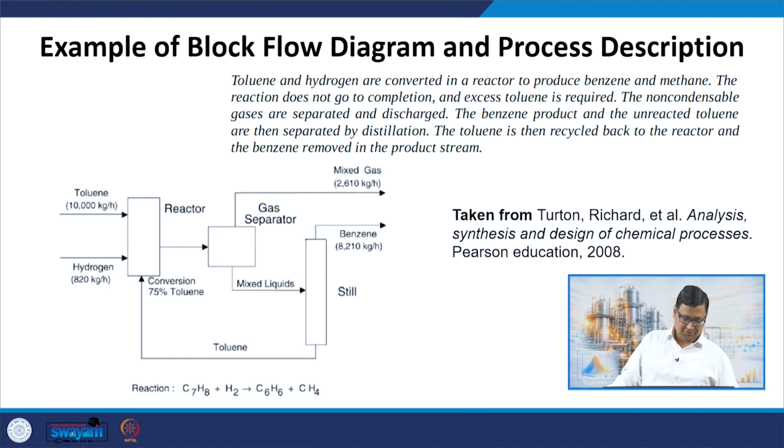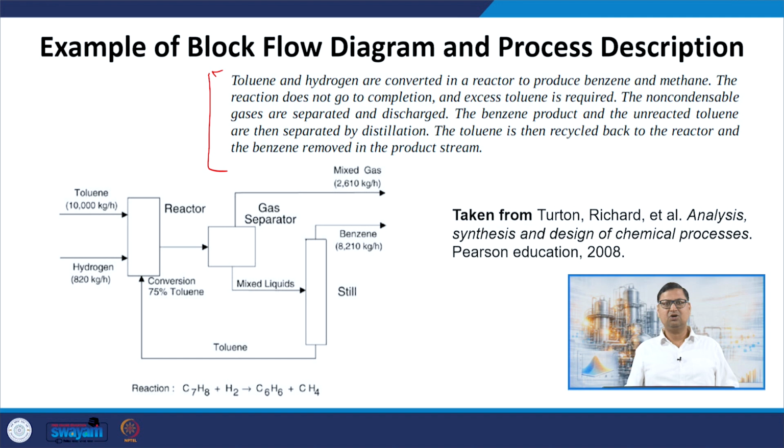All right. So, this is one example of a block flow diagram, and how does it help me, right. Let us say for example, if you do not have this diagram in place, what you may have is probably a description of that process, and the description is given here. It tells me toluene and hydrogen are converted in a reactor to produce benzene and methane.